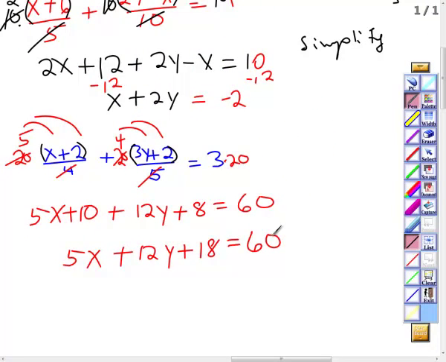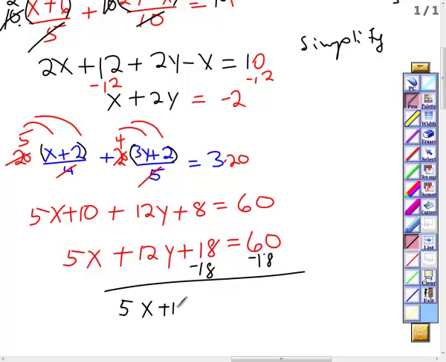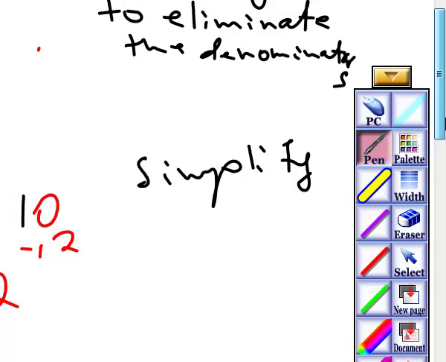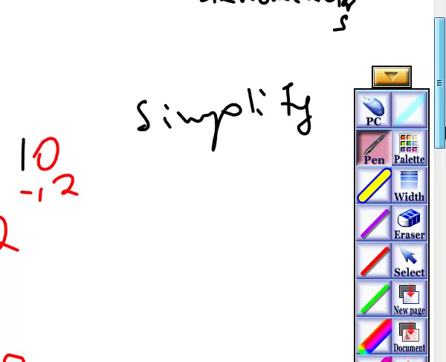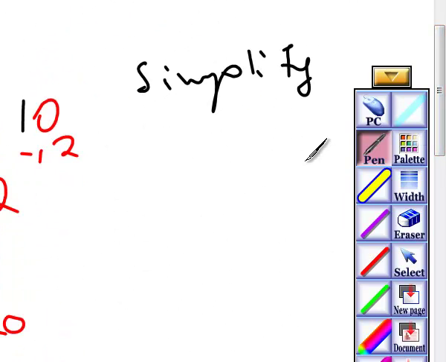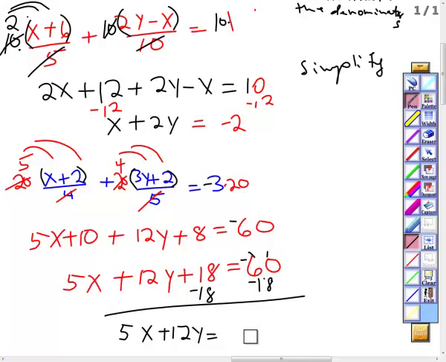We got to move that 18 over, right? That was a negative 3, so that's a negative 60, and that makes that a negative 78.